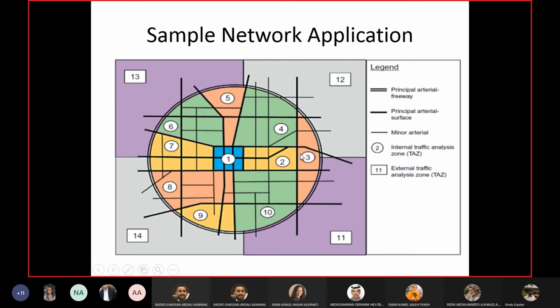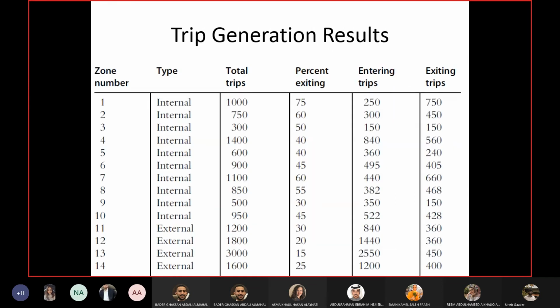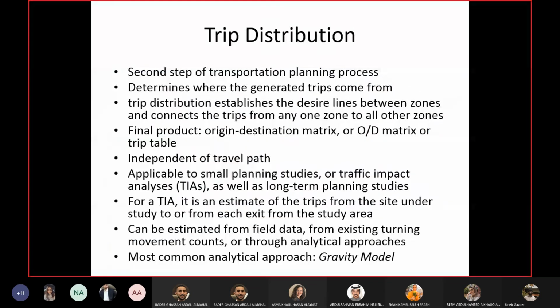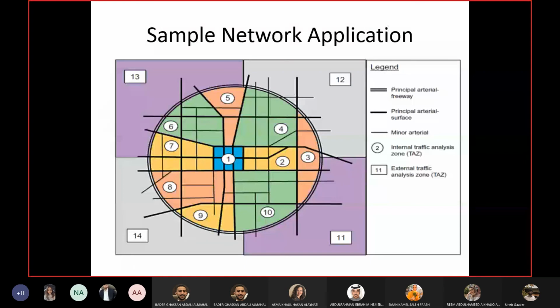Now when you are doing this travel demand forecasting model, you can ignore some of the highways. I think they say it later on, but I will just tell you.